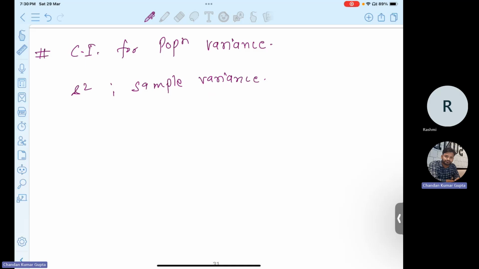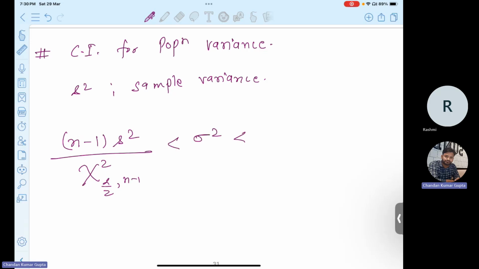So the formula for this is: (n minus 1) s square upon chi square alpha by 2, n minus 1, less than sigma square, less than (n minus 1) s square upon chi square 1 minus alpha by 2, n minus 1.